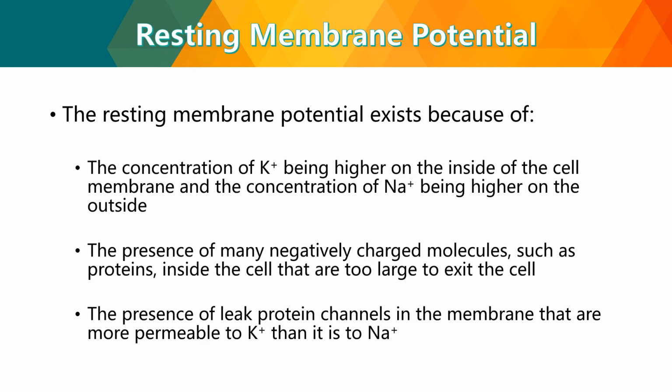So the resting membrane potential exists because of the following conditions: the concentration of potassium being higher on the inside of the cell membrane and the concentration of sodium being higher on the outside; the presence of many negatively charged molecules such as proteins inside the cell that are too large to exit the cell; and lastly, the presence of leak protein channels in the membrane that are more permeable to potassium than to sodium.